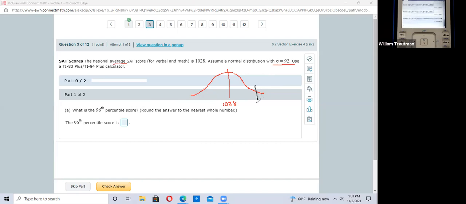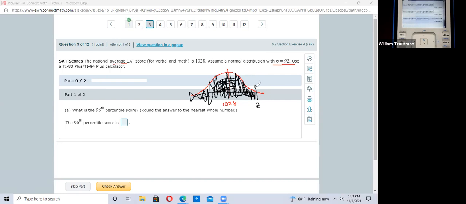The Z value would be somewhere over here, because 96% is almost all of it to the left. You're in the top 4%, which is the 96th percentile.